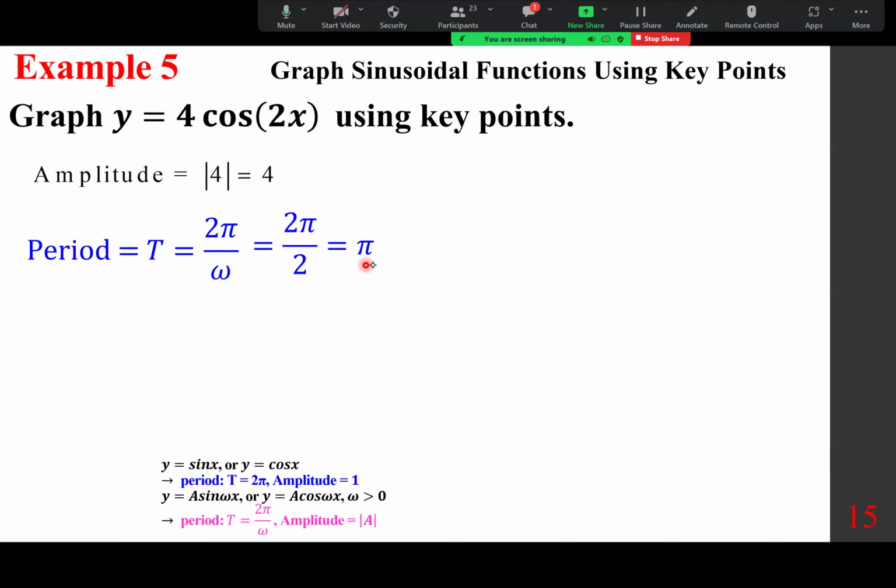We are going to cut this into 4 equal parts. So we're going to divide this number by 4. Gives us pi over 4. Here's 0, here's pi. We're going to cut it into 4 equal parts.